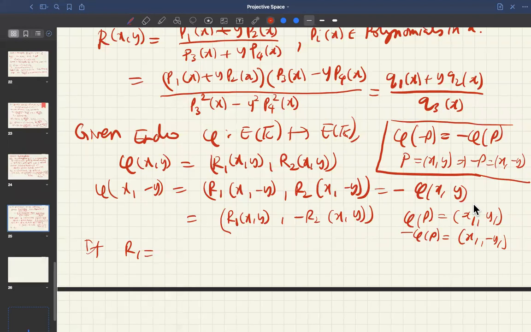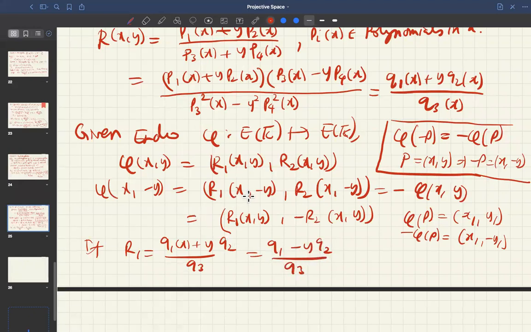Because of this, now if R1 is written as (Q1 x plus y Q2 x) by Q3, then R1 of (x, y) is the same as R1 of (x, minus y). So this is Q1 minus y Q2 by Q3.